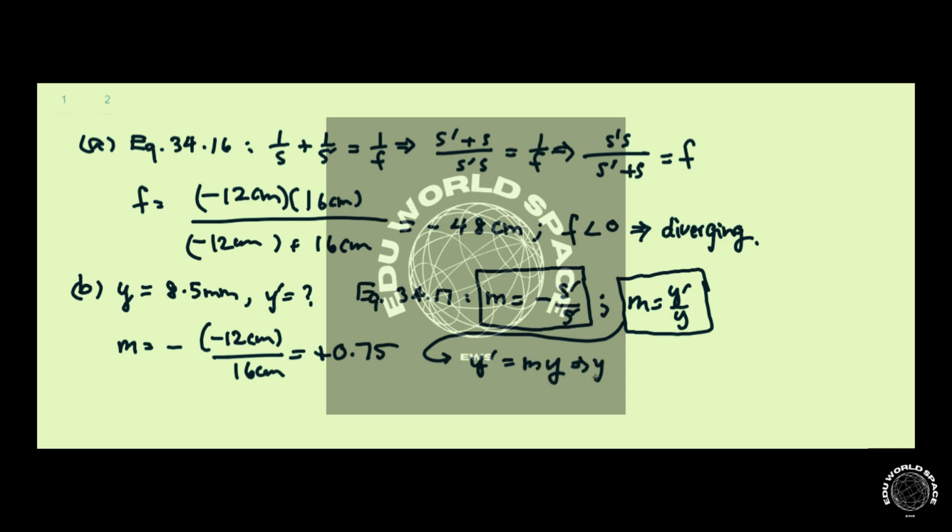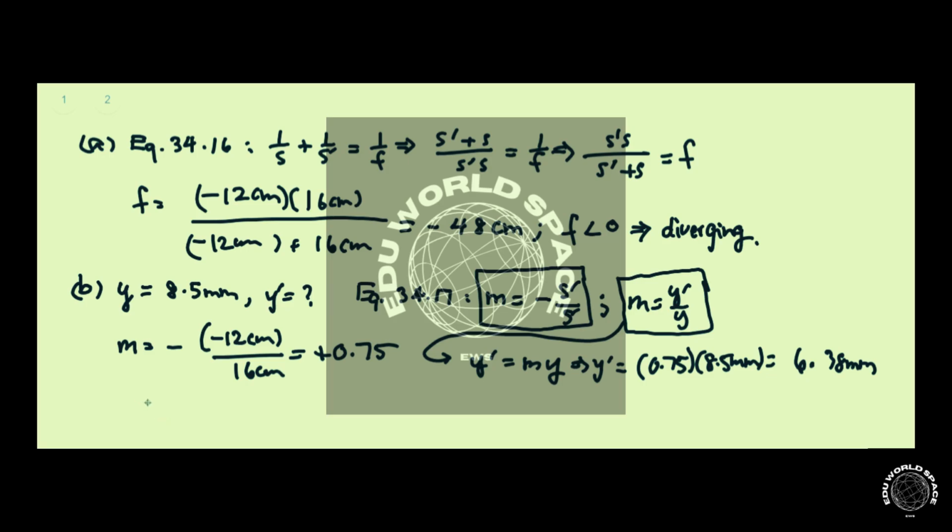So y prime is equal to 0.75 times 8.5 millimeters, which gives me 6.38 millimeters. I would urge you to plug in the numbers and check for yourself, just in case I made any mistakes. But the equations themselves and the method that I use should be correct.